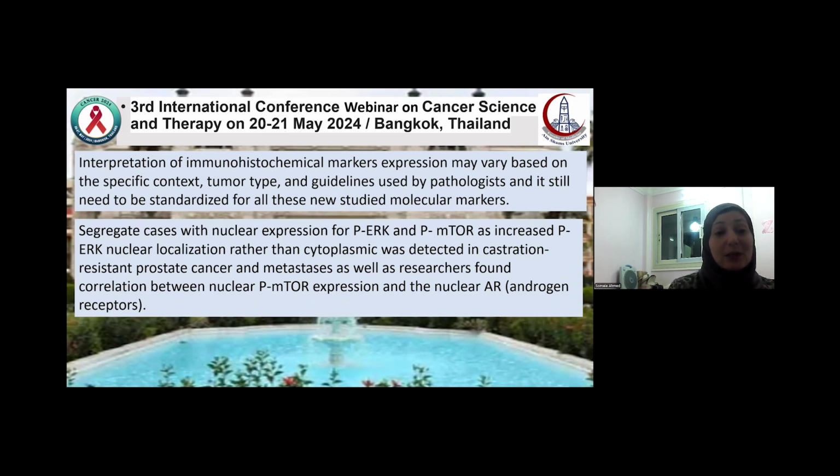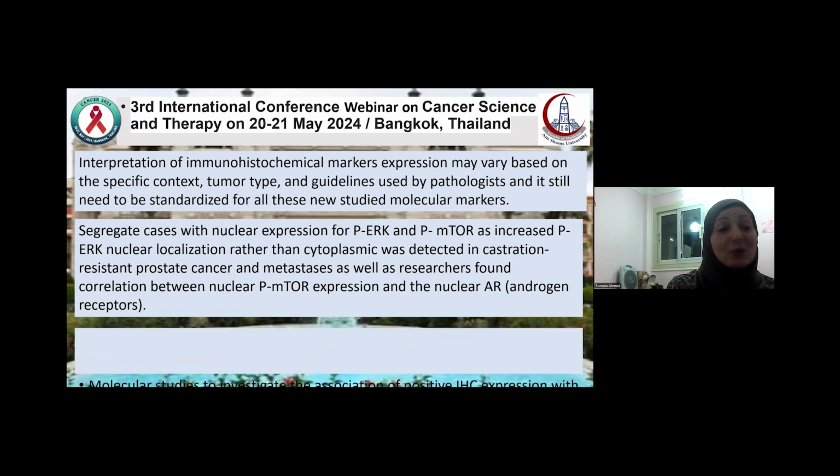I found many papers after we finished our research that segregate the expression into nuclear and cytoplasmic. For our cases, we gathered the nuclear and cytoplasmic stain together because most of the cases were both nuclear and cytoplasmic, and very few cases showed only nuclear stain.